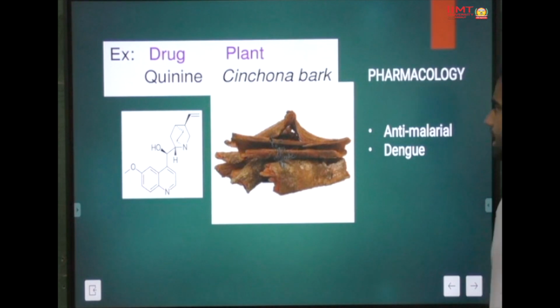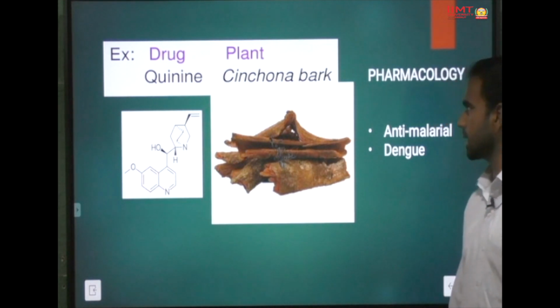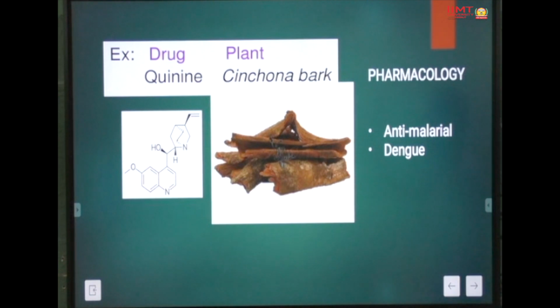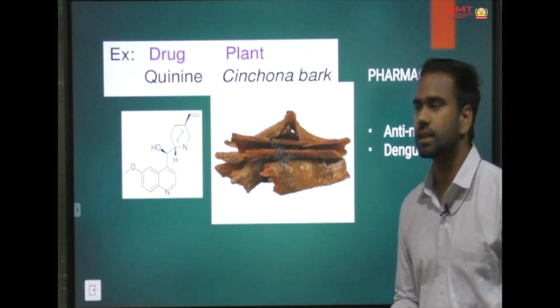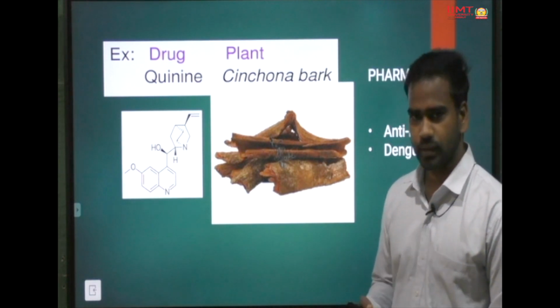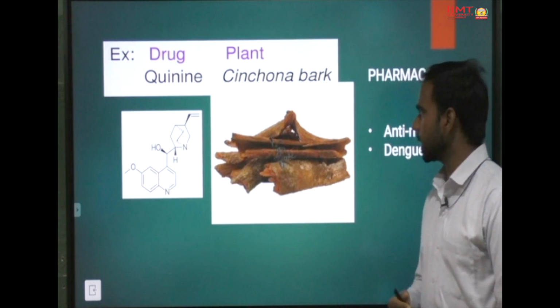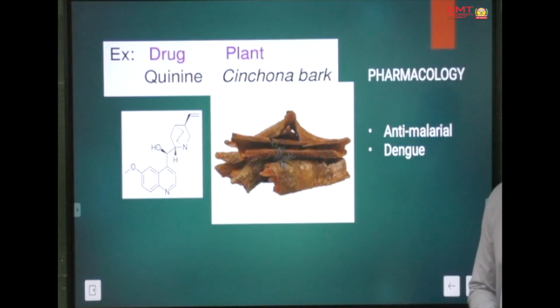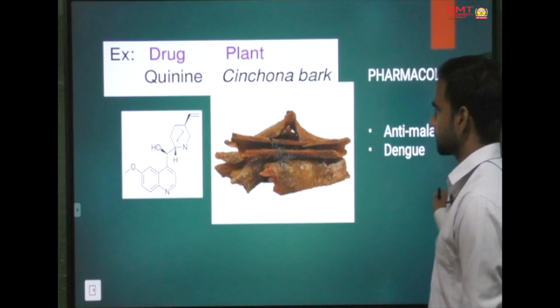The second example of an alkaloid containing drug is cinchona bark, which contains the majority of quinine, a phytochemical of cinchona bark, which is used for anti-malarial and dengue properties.